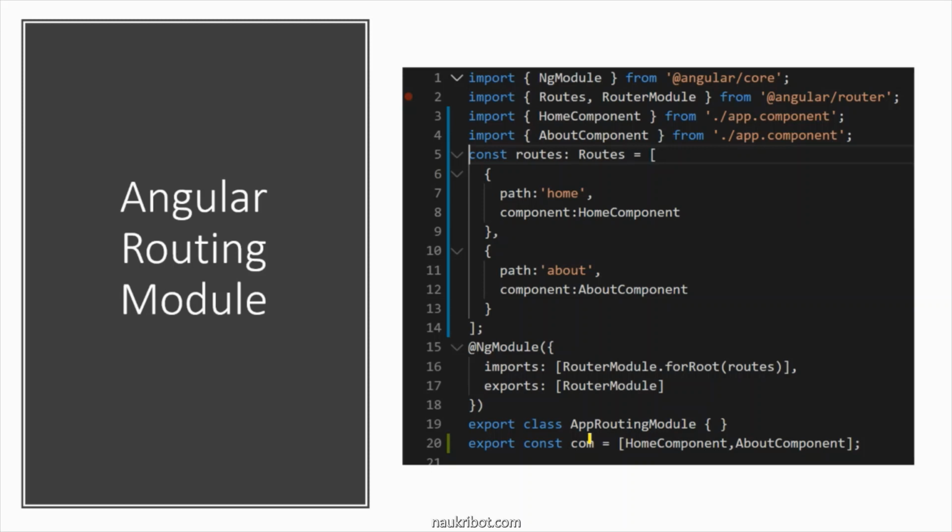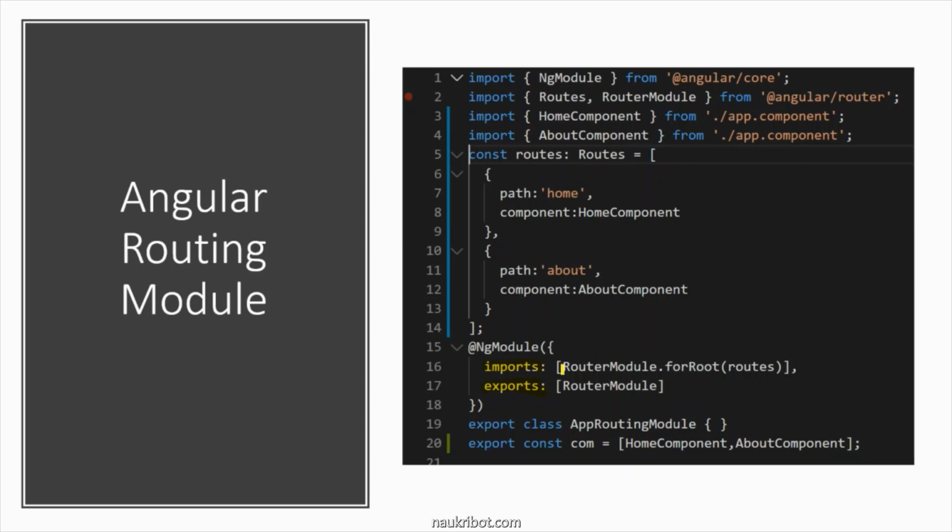We already discussed in the introduction video what a decorator is. Any method which has a prefix @ is called a decorator, and every decorator contains some kind of metadata. For NgModule, we have metadata like imports and exports. Here we are telling what we are importing and what we are exporting.